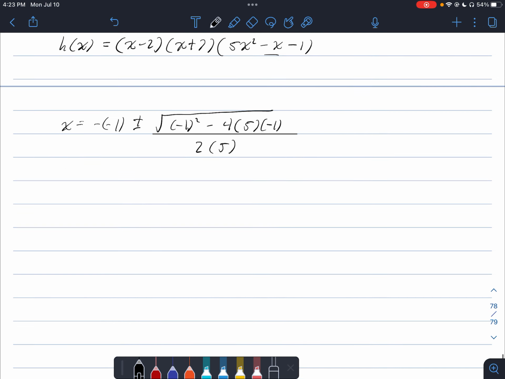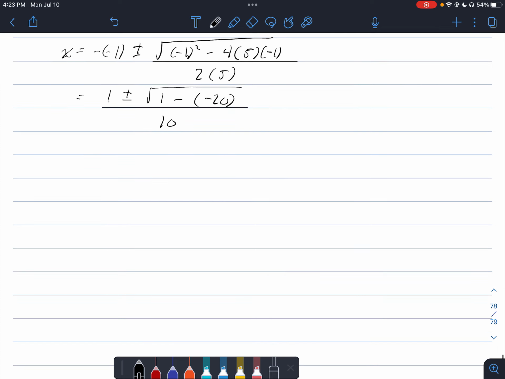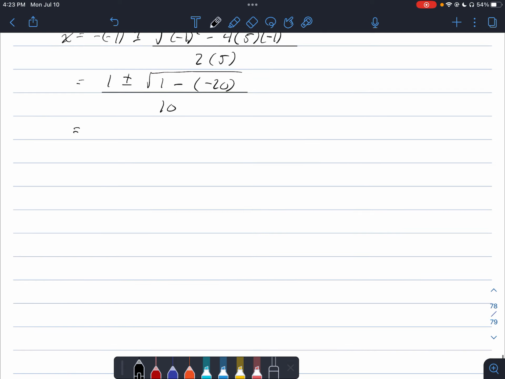Okay, so let's go ahead and simplify this. So we'll get 1 plus or minus the square root of 1 minus 4 times 5 times -1. That'll be a -20 all over 10. So we get 1 plus or minus the square root of 21.